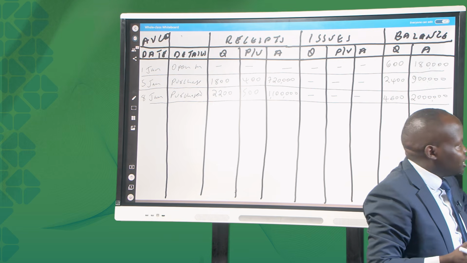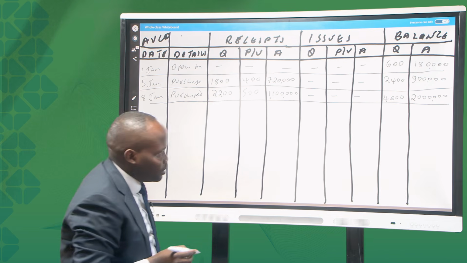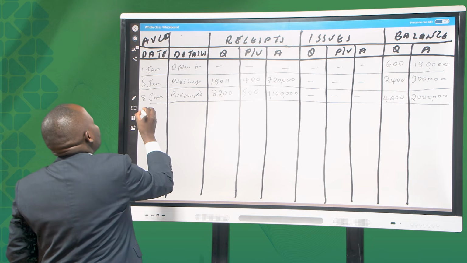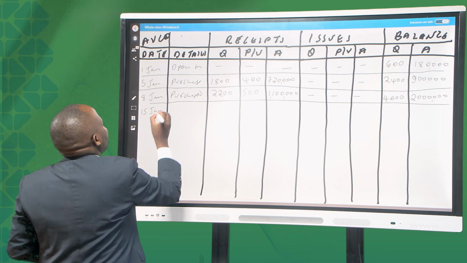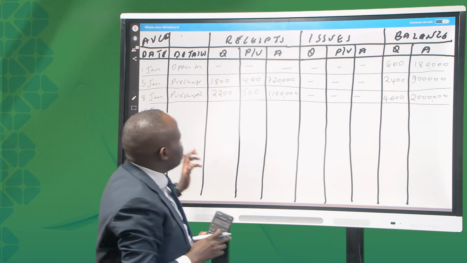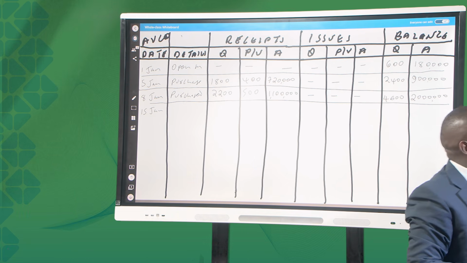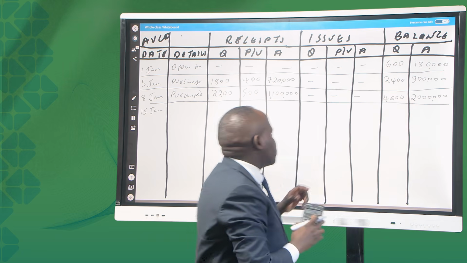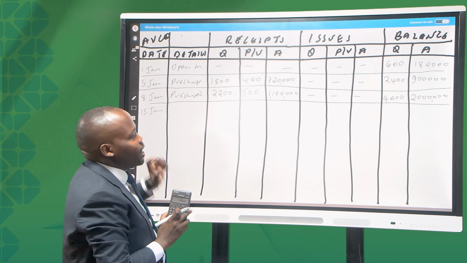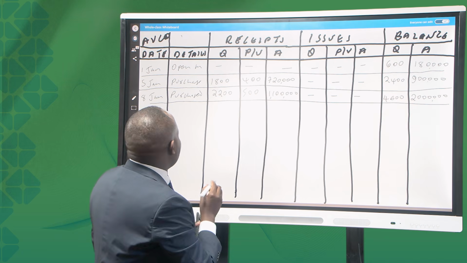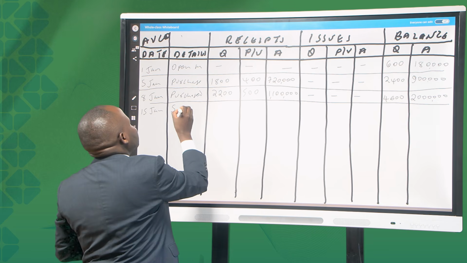The next date is 15th January, when we sold. Now this method is different. In this method, we sold 4,200. We don't look at what came in first and what came in last.